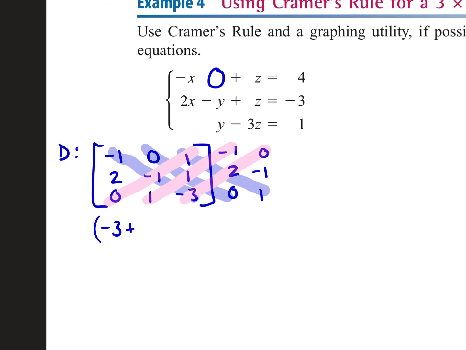Remember, we add all the majors together. So next I have 0 times 1 times 0, 0. And then 1 times 2 times 1, 2. And then we minus the minors all added together. So my minors are 0 times -1 times 1, 0. Then plus 1 times 1 times -1, -1. And then plus -3 times 2 times 0, 0.